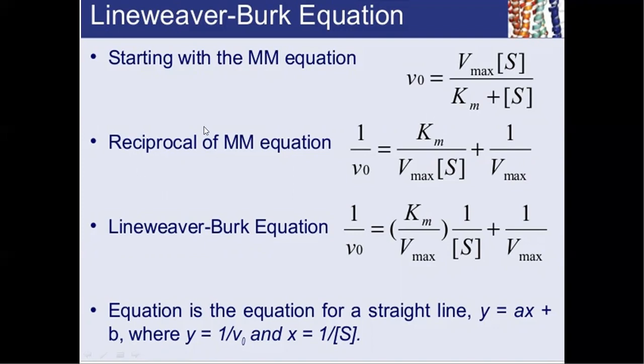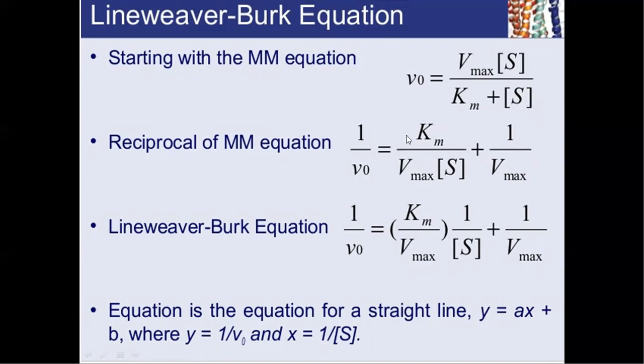Here we are taking the reciprocal values of the Michaelis-Menten equation, so we take 1 by V naught. We take the denominator into the numerator, and the numerator of the Michaelis-Menten equation into the denominator. So now the equation will be converted like this.